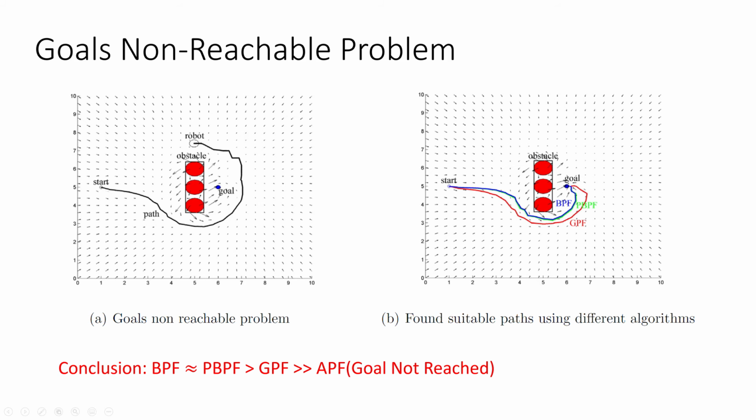So the goal obviously cannot be reached using the APF method. However, BPF as well as PBPF perform very well during the whole experiment. But BPF is the better one because it consumes less computational time compared with PBPF.